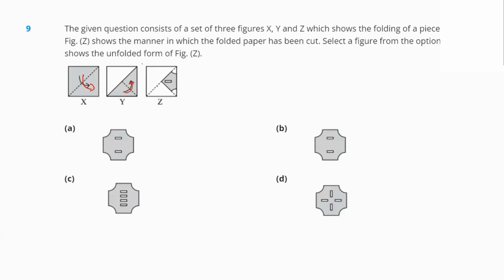If we open this, it will be such, and the line will come here, and this will be here. And if we open this completely, this will be here, the line will be here, and these two figures will come here. So if we look at option D, this is our correct answer. Moving on to the next question.